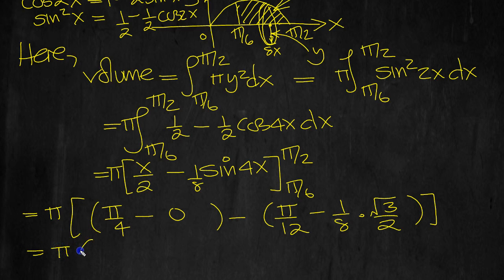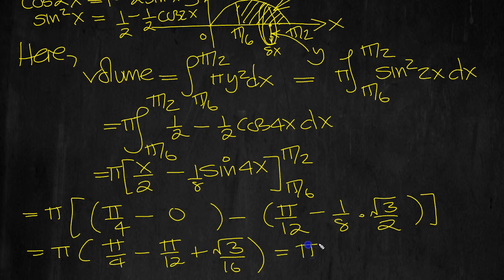Pi over 4 minus pi over 12 plus root 3 over 16. So that's equal to pi lots of 3/12 minus 1/12 is 2/12, which is 1/6.